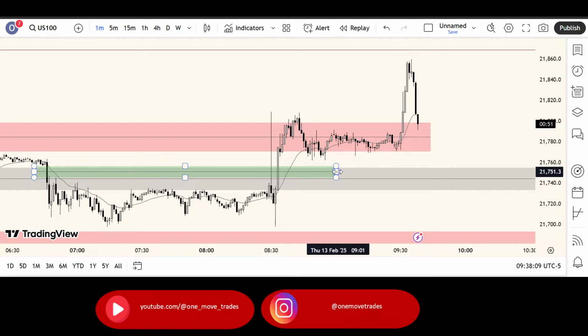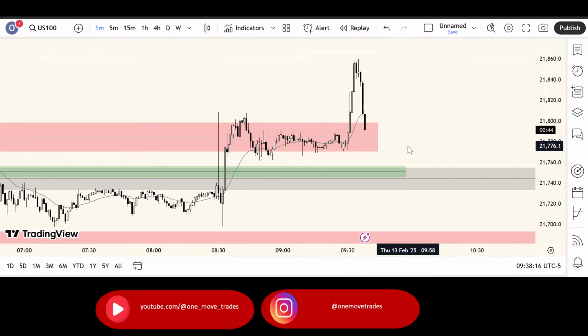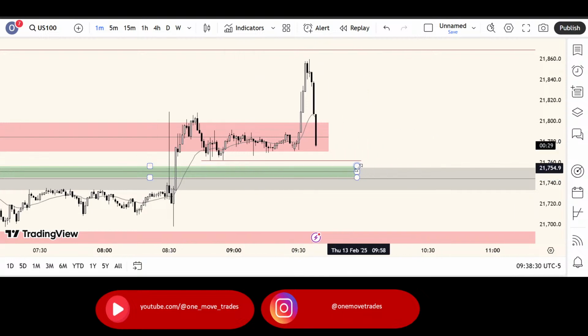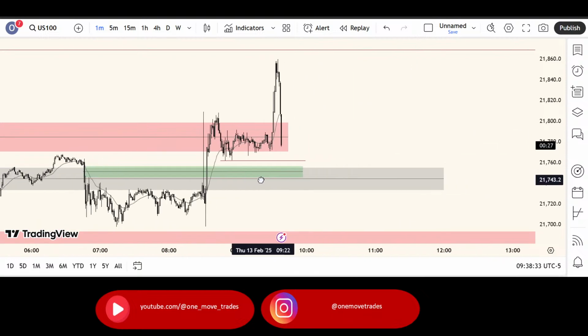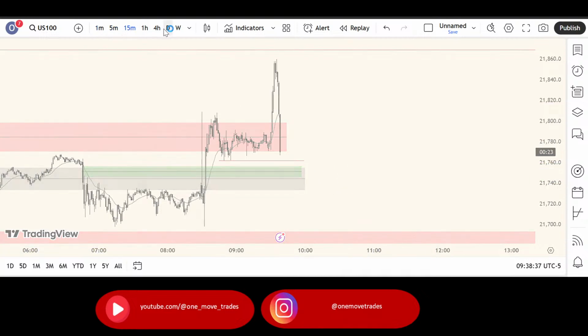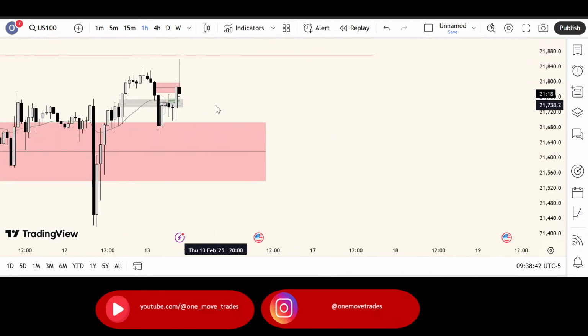This is my consequent encroachment, if price will check this sell side liquidity. So this is the sell side liquidity, and we have this support area, and also this is the 4 hour and 1 hour reversed fair value gap, so it can hold price. It's a support level.